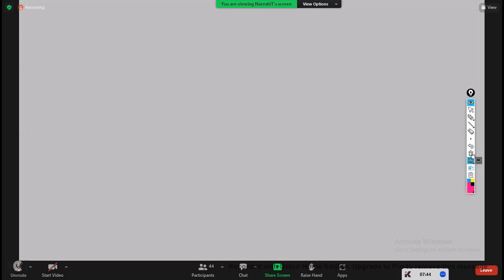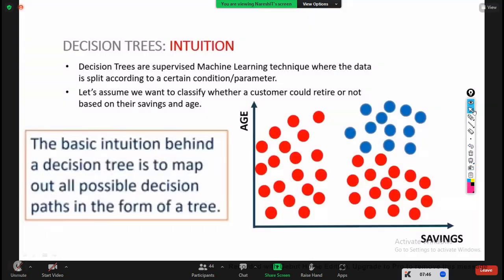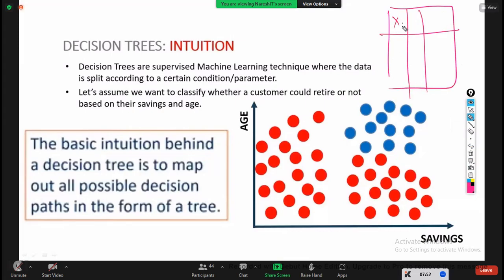Now in this example also, I'm going to take the same way, where I have 2 input columns and 1 output column: x1, x2 and the y variable, where x1 is the savings and x2 is the age.